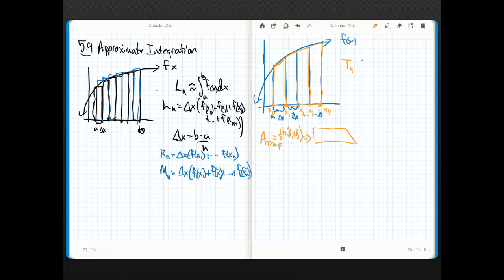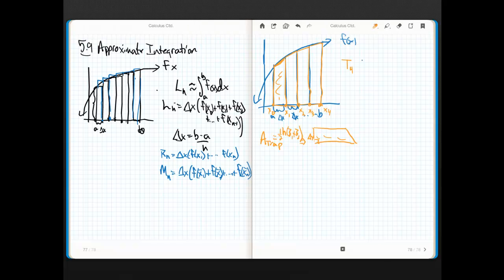But let's look at this trapezoid right here, this guy here. What's the height? Well, we know that the x-axis is perpendicular to any vertical line. So the height on this thing is, let me erase and give myself just a touch more space, the x-axis is perpendicular to vertical lines. So this guy right here, my height is actually delta x, right?